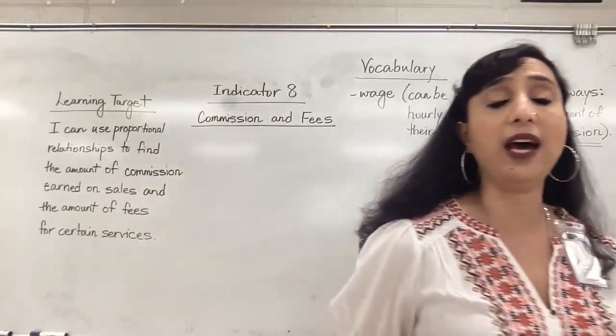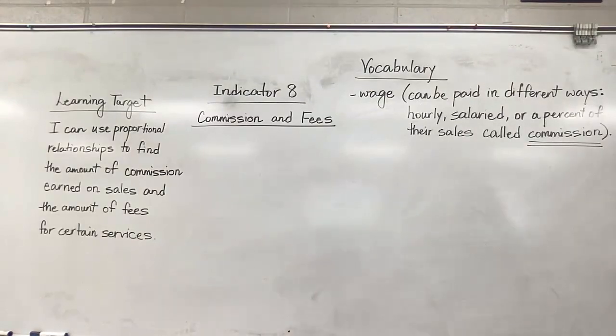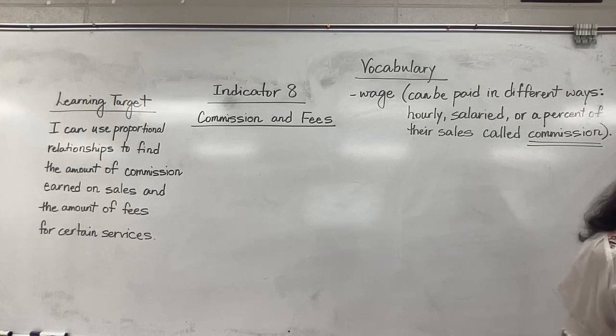Then we have a commission, as you can see. These employees are paid only a percent of the amount of goods or services that they sell. And sometimes people are paid a salary plus a commission. These employees are paid a small base salary plus a percent of the amount of goods or services that they sell.